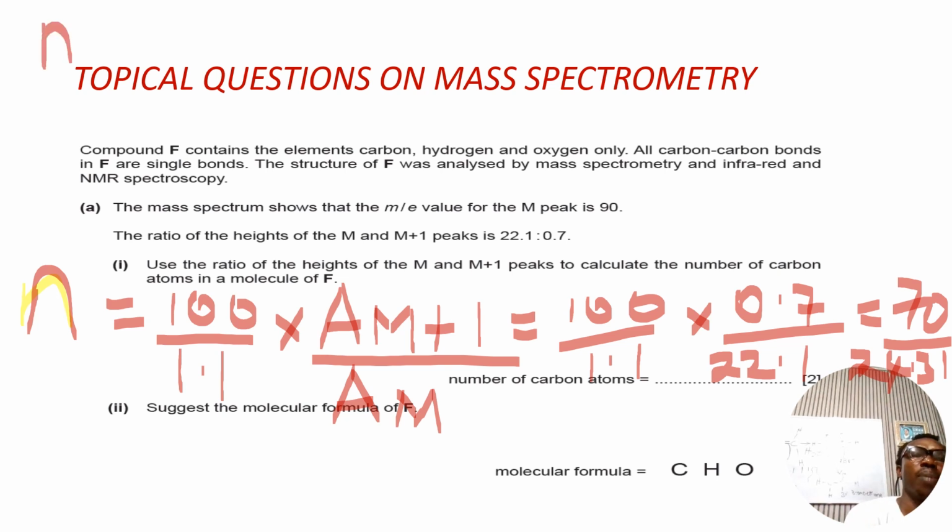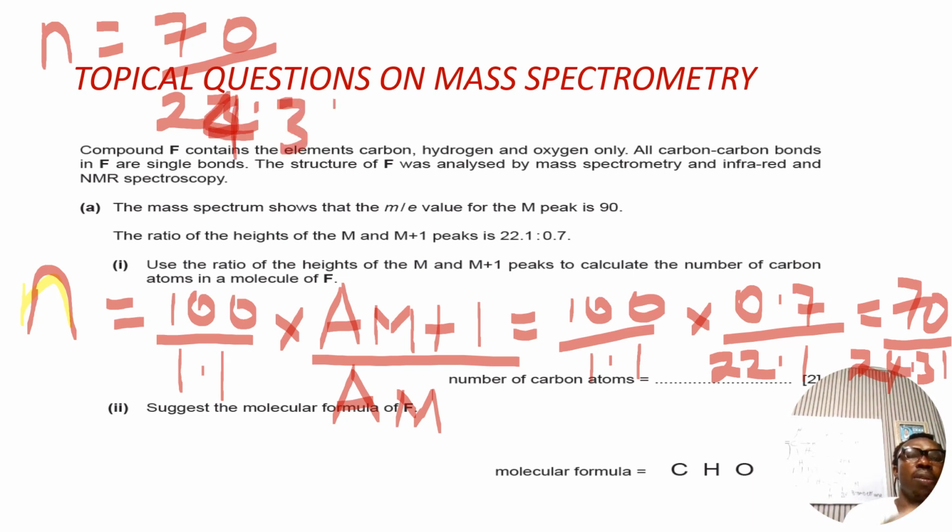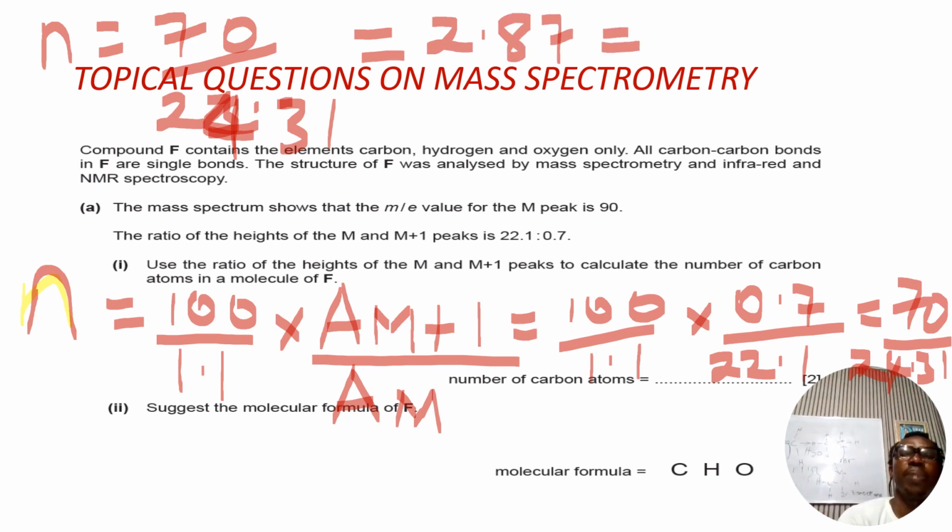So N, the number of carbon atoms, will be equal to 70 divided by 24.31, which is 2.87, approximately 3.